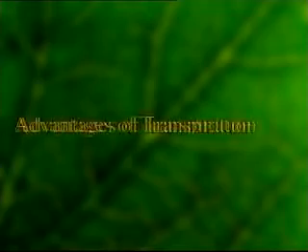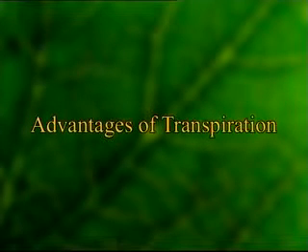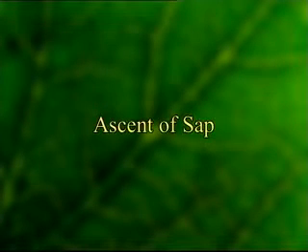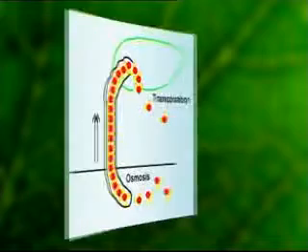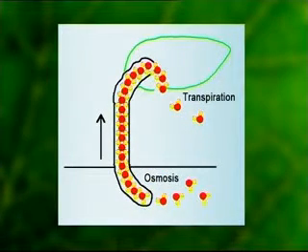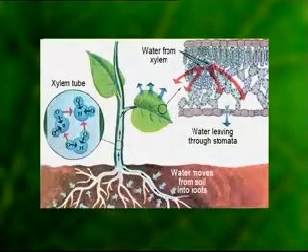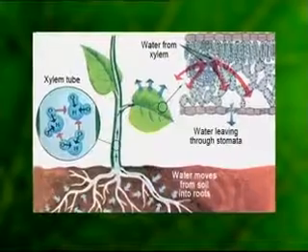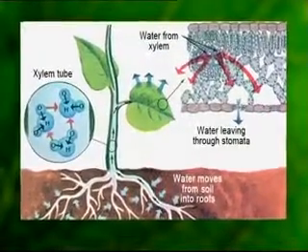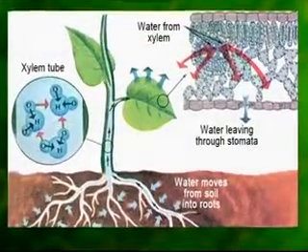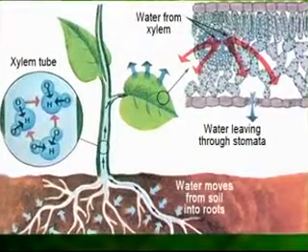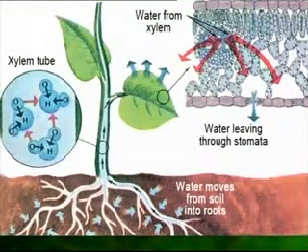Now, the transpiration process has many advantages, such as ascent of sap. Transpiration exerts a tension or pull on the water column in tracheary elements, and that pull is responsible for upward movement of water and minerals, which we call ascent of sap.